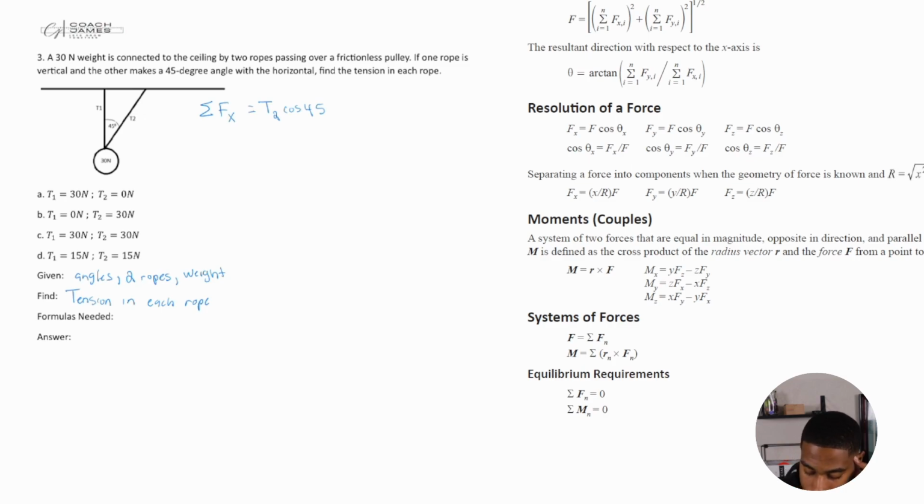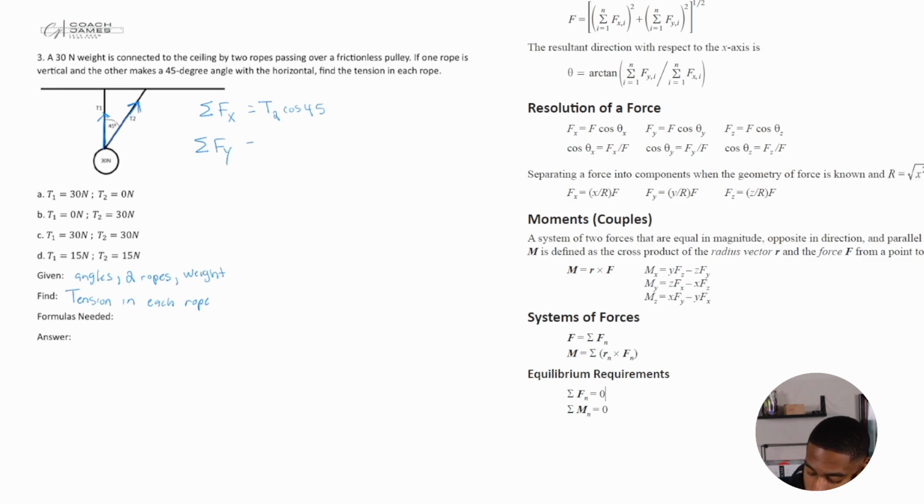All right, the sum of the forces in the y. Let's take a look. Equal to, okay, what's T1? We don't know, but we do know that it's going in the upwards direction, right? And now we know that T2 is going upwards and to the right.